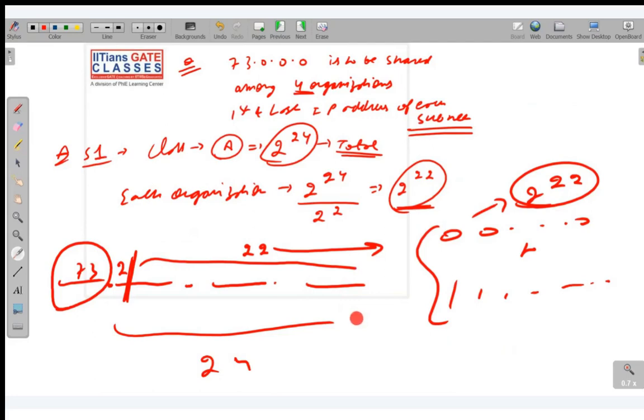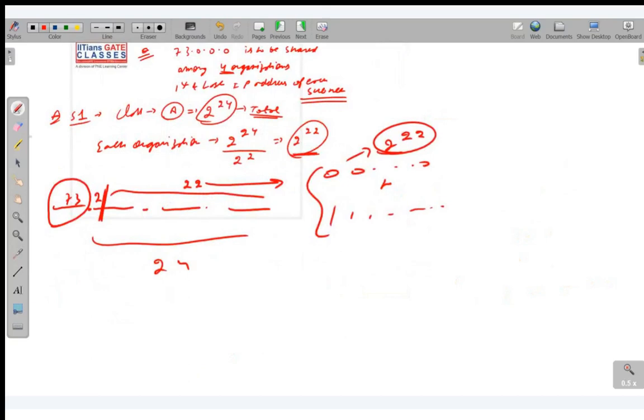Now, since there are 22 ones, you just add 1 to the last place. What you will get is all zeros here, and here you will get 0 1. Are you getting it? See this: the first 2 bits are 0, and here you have all the zeros and then all ones. You add just 1 here, so after here we have 2 zeros, and now you will get 0 1.